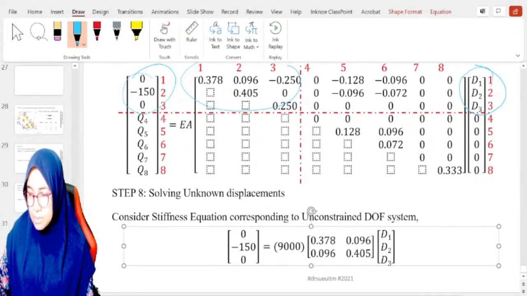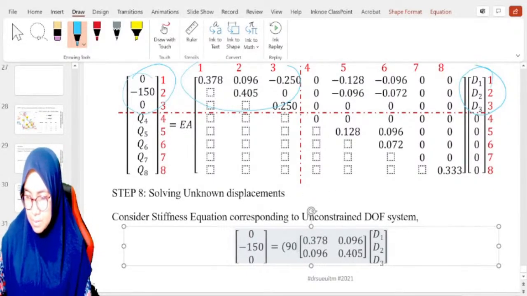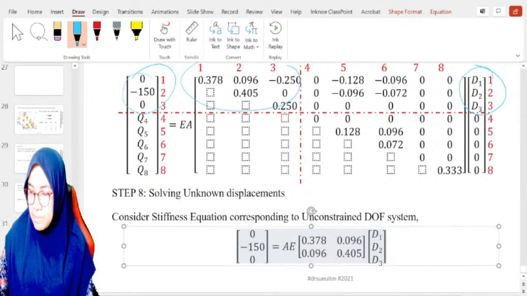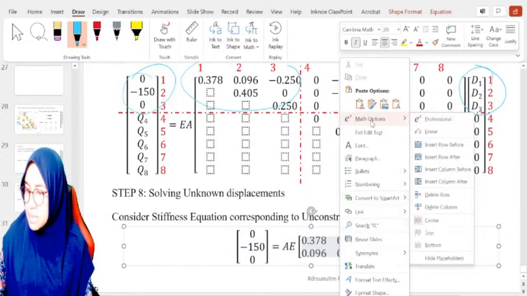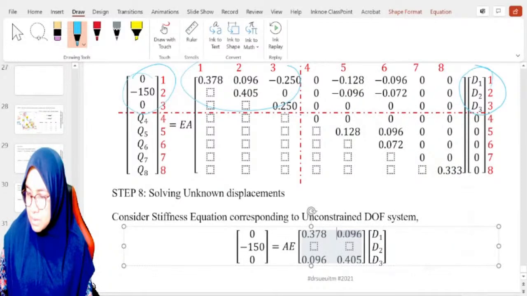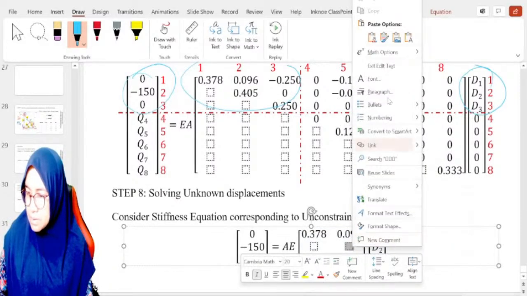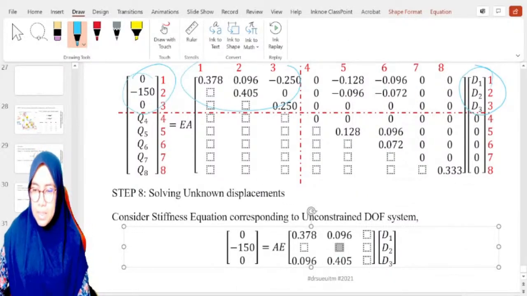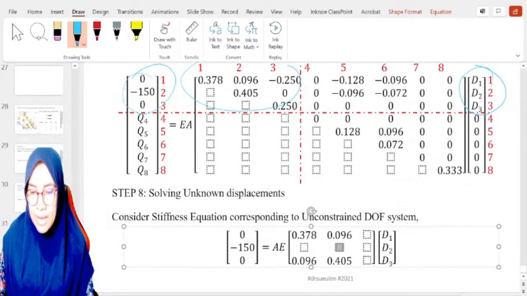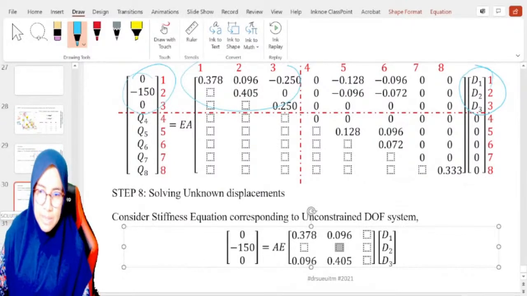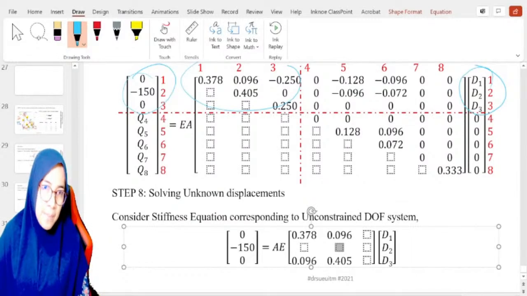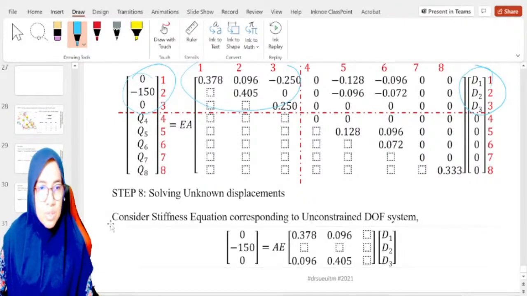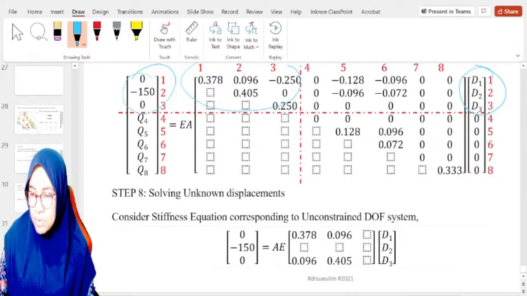So this is AE. The matrix is a 3 by 3 matrix, so I need to add after. The values we will get from the above element stiffness matrices. Forget about the upper part. We just need to focus on the below part where we consider Q is equal to KD.